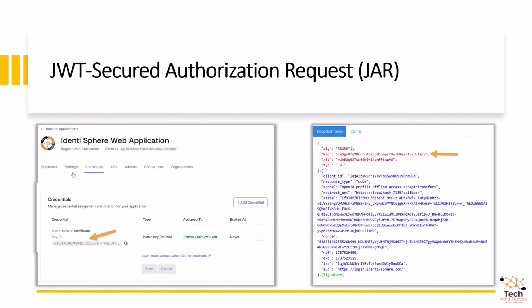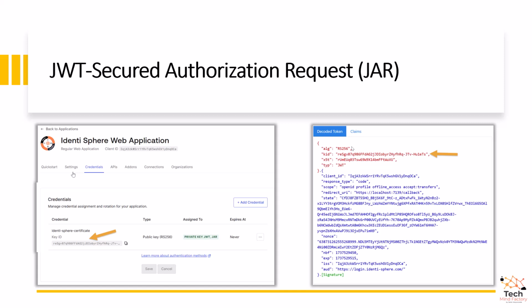When we look at this slide, it presents this verification. On the left side in Auth0, for our application under the Credentials tab, we have to upload the public key that is used to verify the signature on the JWT sent by the application, which is signed with the private key that only the application knows.